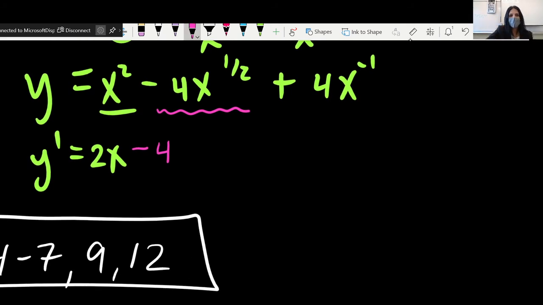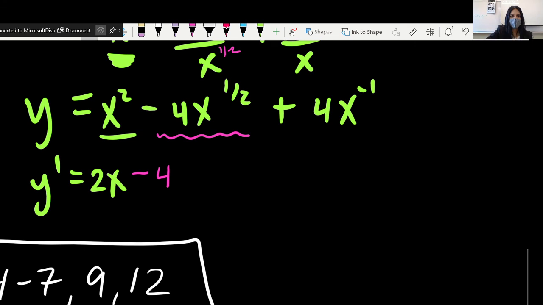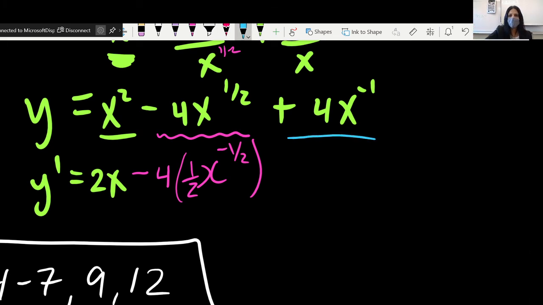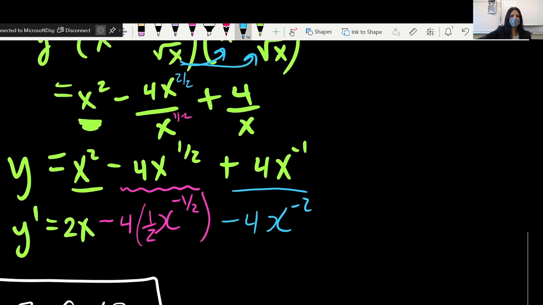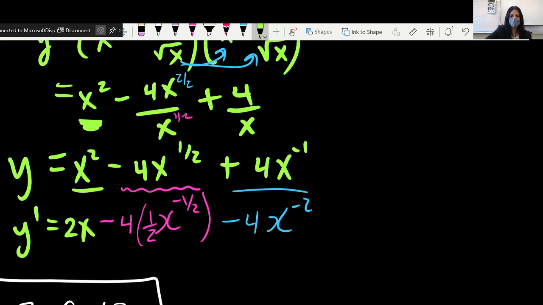Do you see that we would get 4 times 1 over 2 x to the, now it's going to be negative 1/2? Does that make sense? I think I just jumped the gun on that. And then at the end here, do you see it'd be minus 4x to the minus 2? And then I'll swing it up here so that we can finish things off.